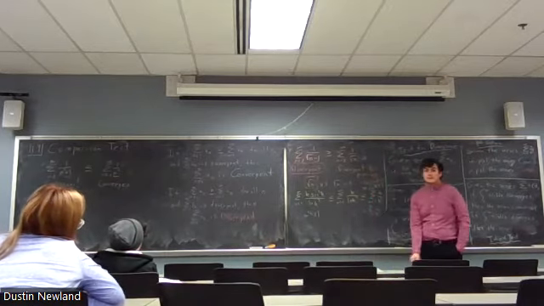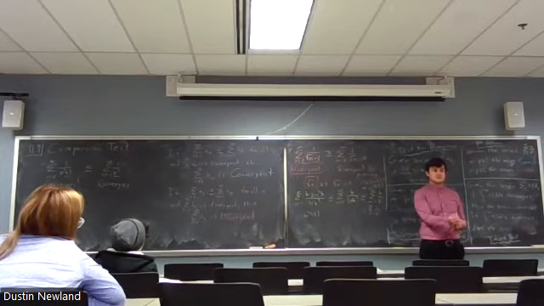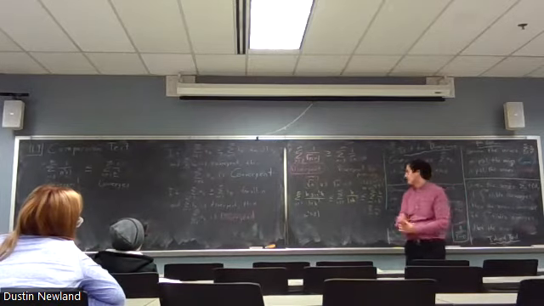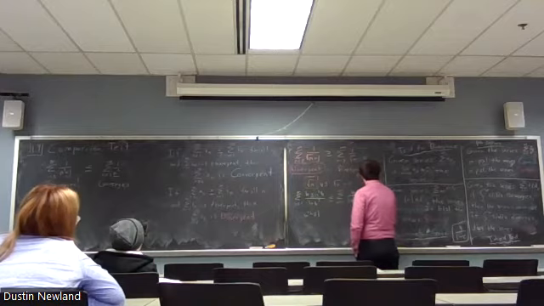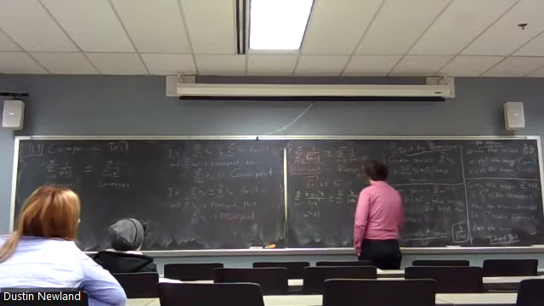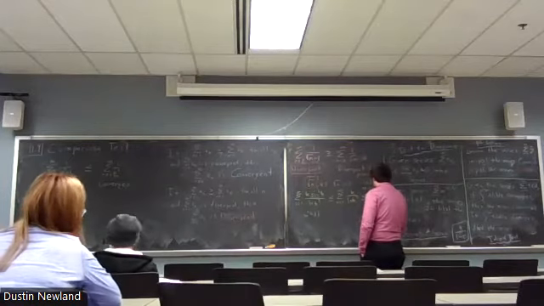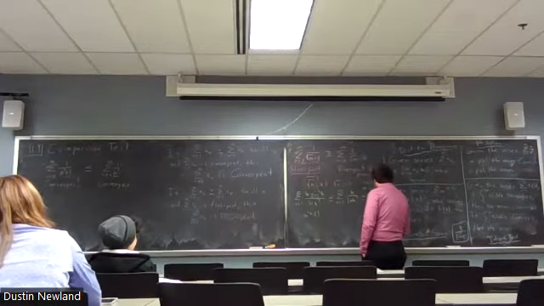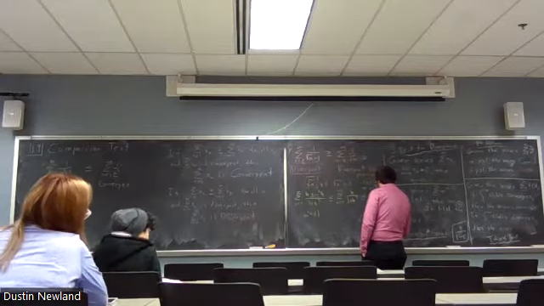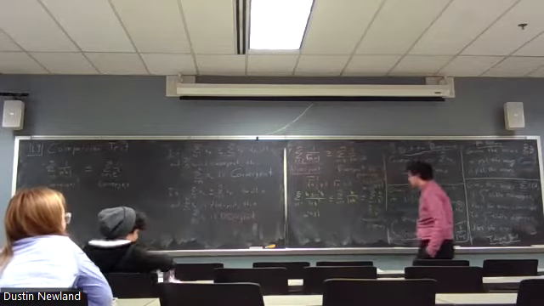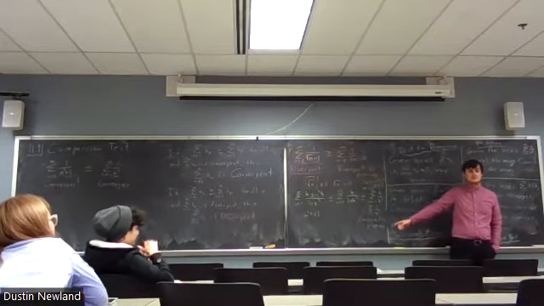Okay. Now, does 1 over k squared converge? Yes, it does. By what? By how? So that's convergent by p-series, right?